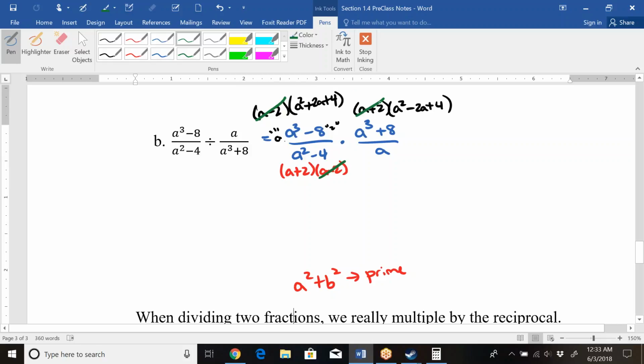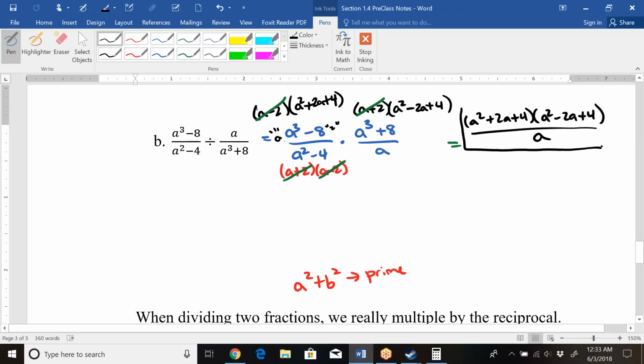And then we also get this a plus 2 cross cancels with this a plus 2. So our final answer is a squared plus 2a plus 4 times a squared minus 2a plus 4, all over a, because there's still this a over here on this denominator.